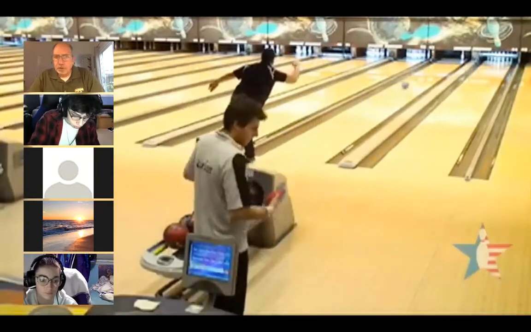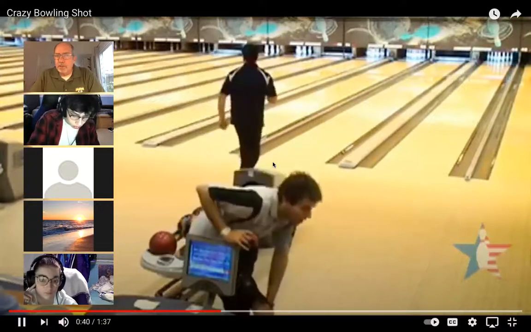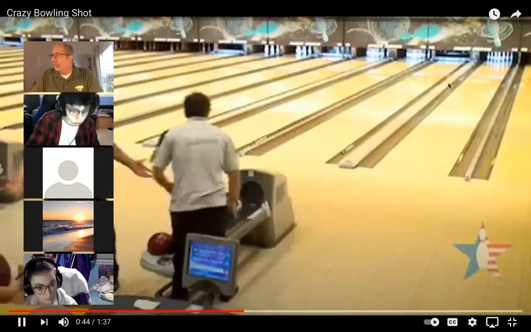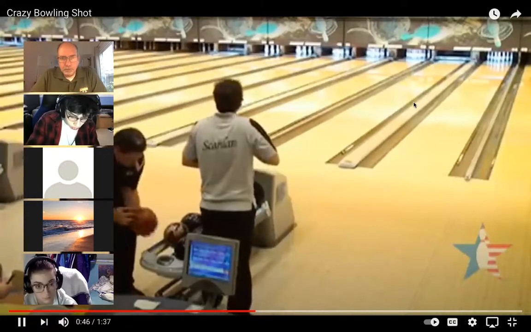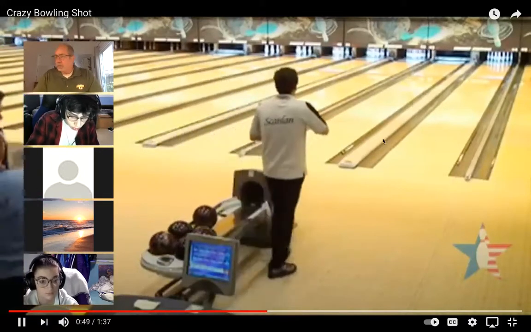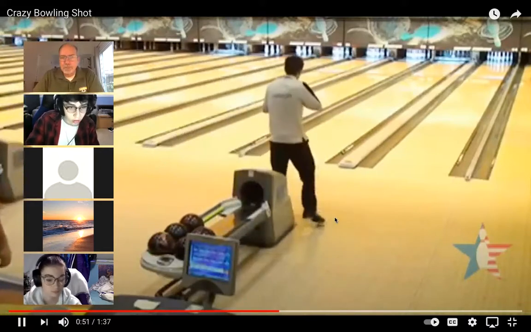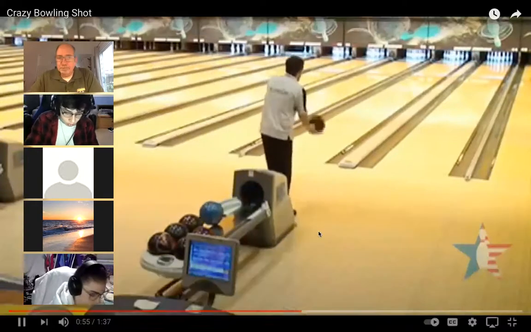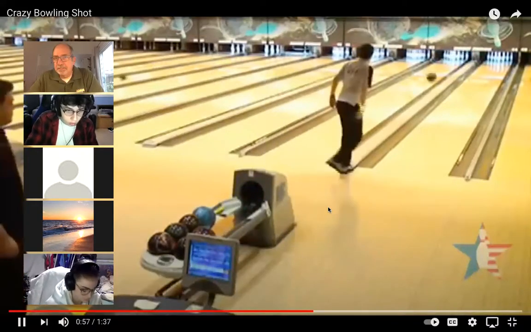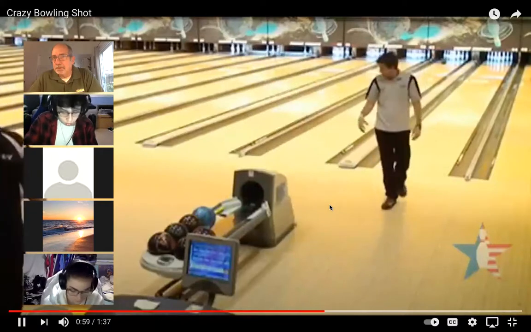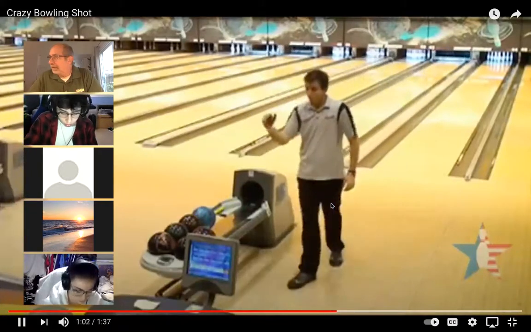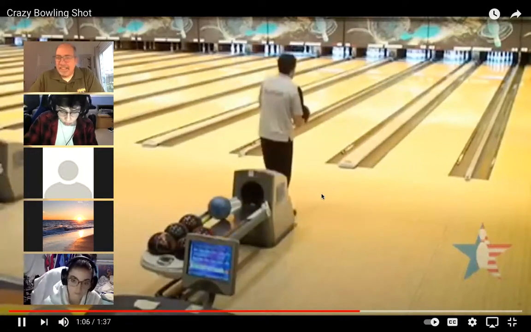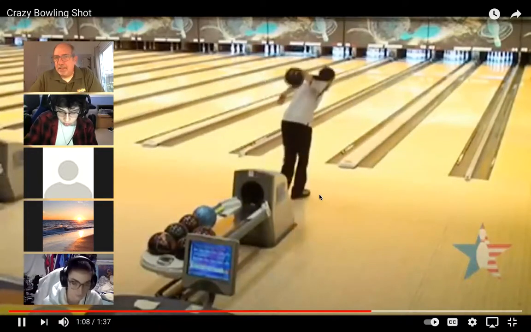And notice the guy in the other lane did the same thing. Transferred energy by transferring matter from one place to another. And we'll just watch this guy do this one more time. Transferring energy by transferring matter. What just happened? He's saying, I'm so good, I can get a strike on your lane.